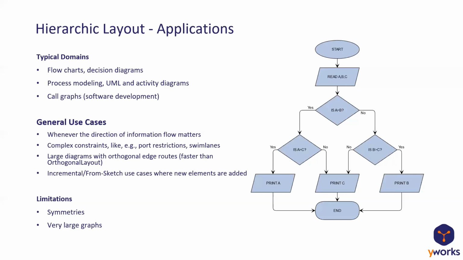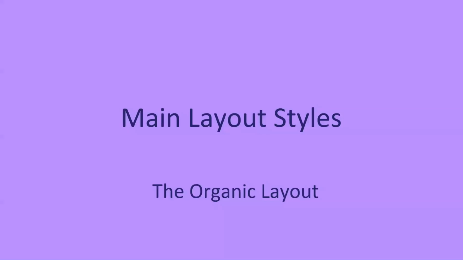But for both limitations I mentioned here, so very large graphs and symmetries, there is another algorithm which is specifically suitable, and that is the organic layout, which I'm going to present next.